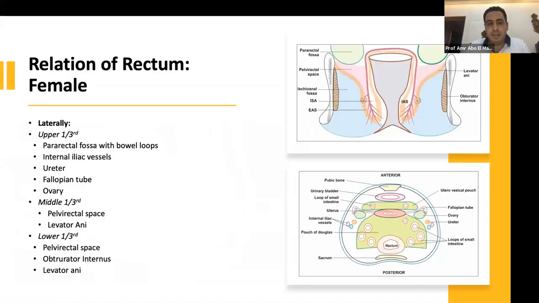As I said, the lateral relation in the female is the same as male. Upper third: pararectal fossa, internal iliac vessels, and ureter, and we can add the fallopian tube and ovary. Middle third: pelvirectal space and levator ani. Lower third: pelvirectal space, obturator internus, and levator ani muscle.